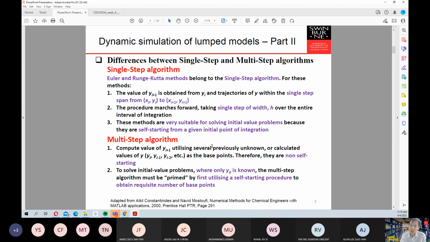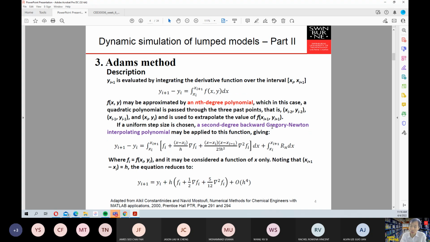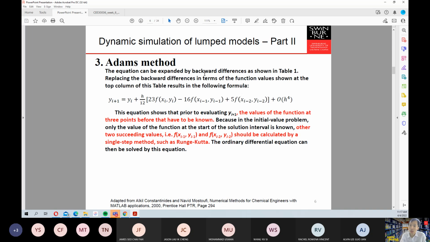So instead of using a second order, you're going to use a third order Gregory-Newton interpolating polynomial. If you repeat the steps like what we showed above, then you will get this.